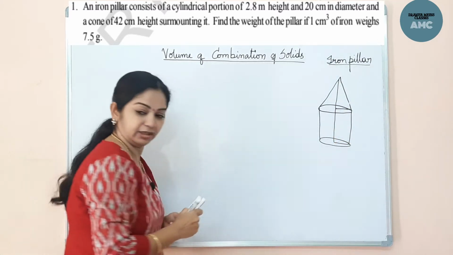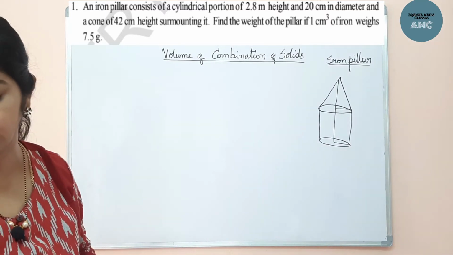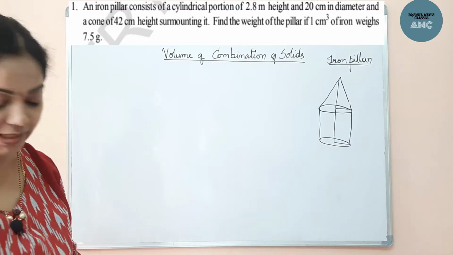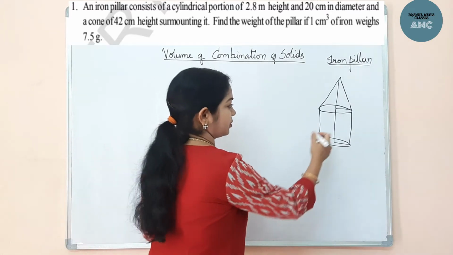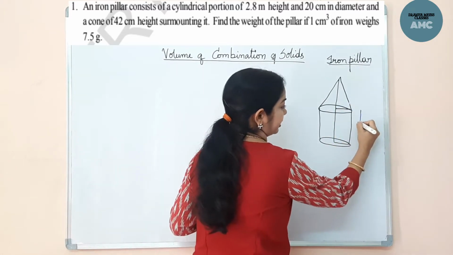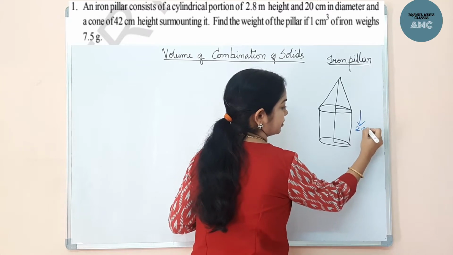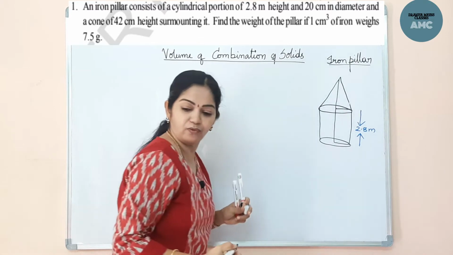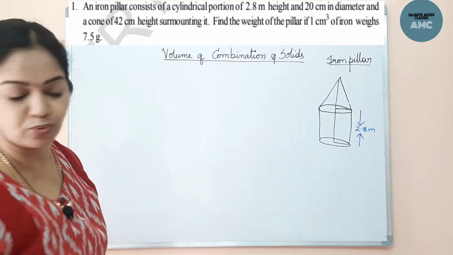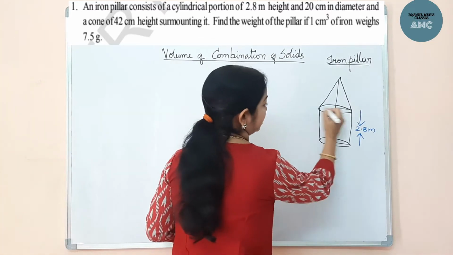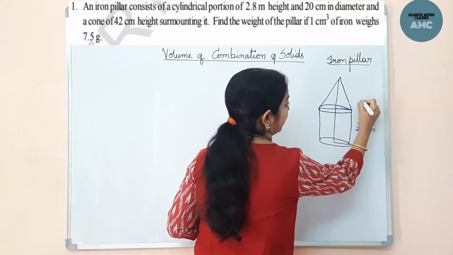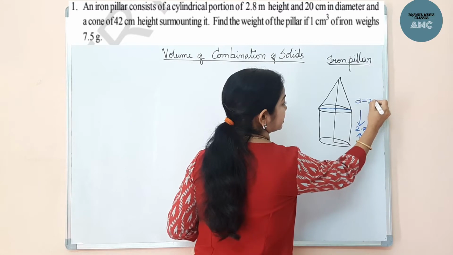dimensions given here. The iron pillar consists of a cylindrical portion of 2.8 meter height. This is 2.8 meter height and the diameter given as 20 centimeters. So the diameter here, D, if I draw this with the blue part, is 20 centimeters.